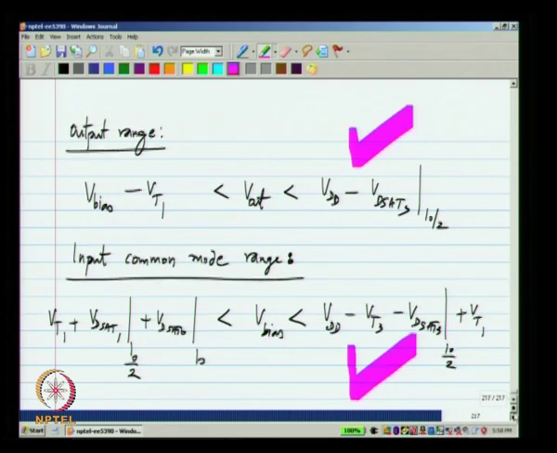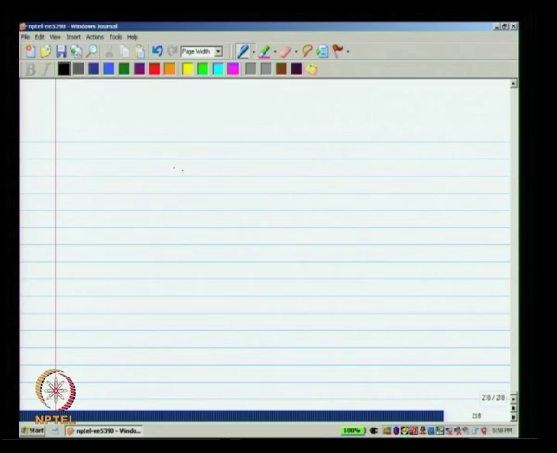Okay. What I mean is that we have 0 and VDD, which represent the lower and upper rails. The output voltage can go fairly close to VDD, I will represent it by this line.